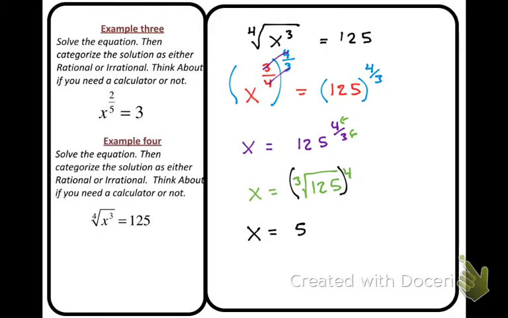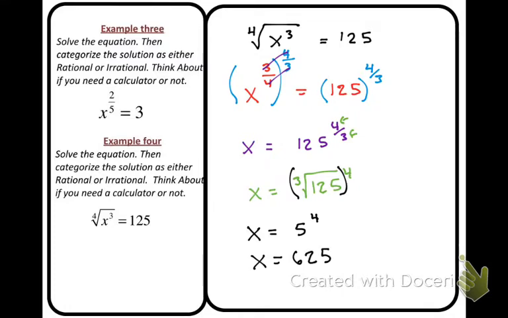So this would be 5, and we still have that 4th power. And 5 to the 4th power, I can't do that in my head, is 625.